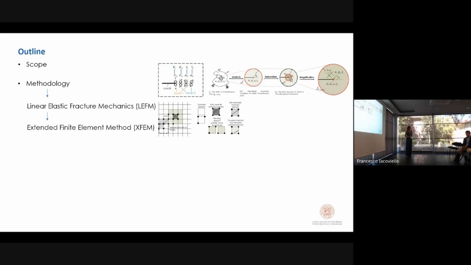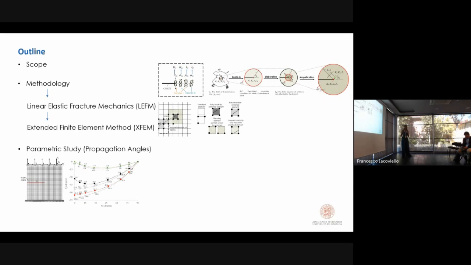The presentation consists of 5 main parts. First, I will mention the scope of the work. Then I will continue to talk about the methodologies that we use to find the direction of crack propagation.